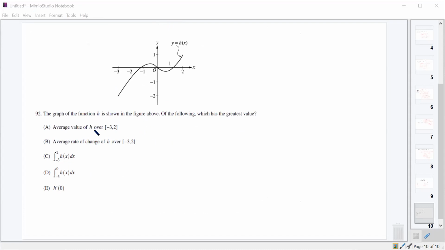The average value of h from -3 to 2, well, that ought to be 1 over 2 minus -3 times the integral from -3 to 2. No, it's not f of x, it's h of x. That's part A. Okay. So that's 1/5 of this integral.